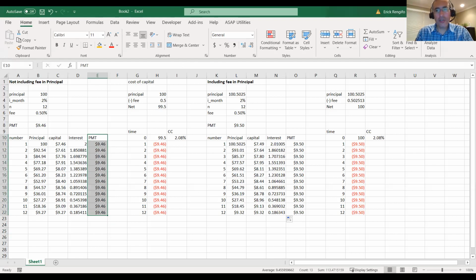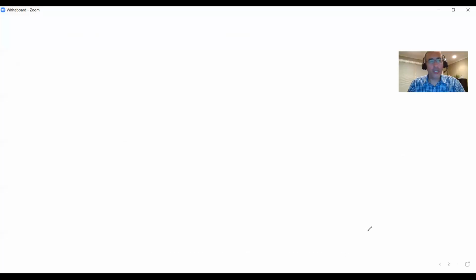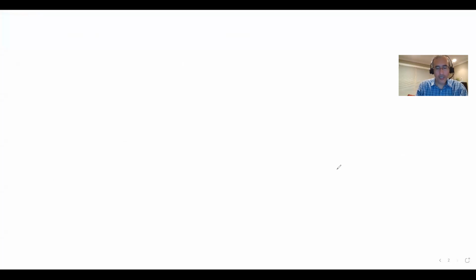However, there is another method called the American method, or the constant amortization method. Let's do this very quickly. What is the constant amortization method? Also called the American method.